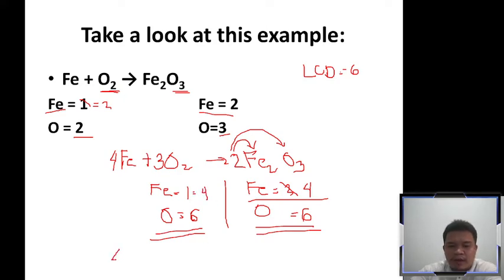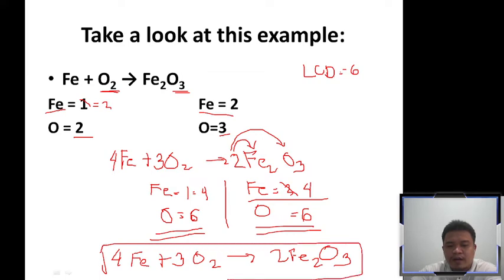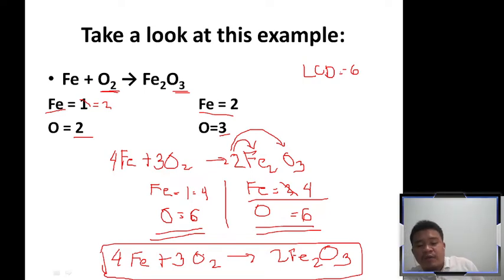So our final balanced equation here will be 4 Fe plus 3 O2 yields 2 Fe2O3. Okay, this is now our final answer. Okay, so this is usually how we do balancing chemical equations.